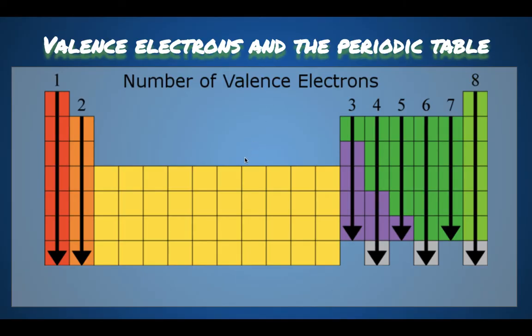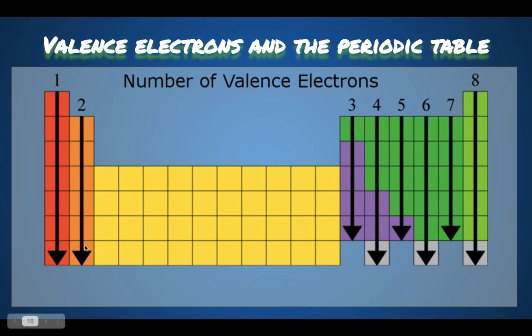Okay, so going back to our periodic table, I've taken out the names and all the numbers just to point out where you can locate elements with a certain number of valence electrons. If you look at the first column with the number 1, all of the elements in that column have 1 valence electron. Just like the ones we just talked about, they all had 1 valence electron.